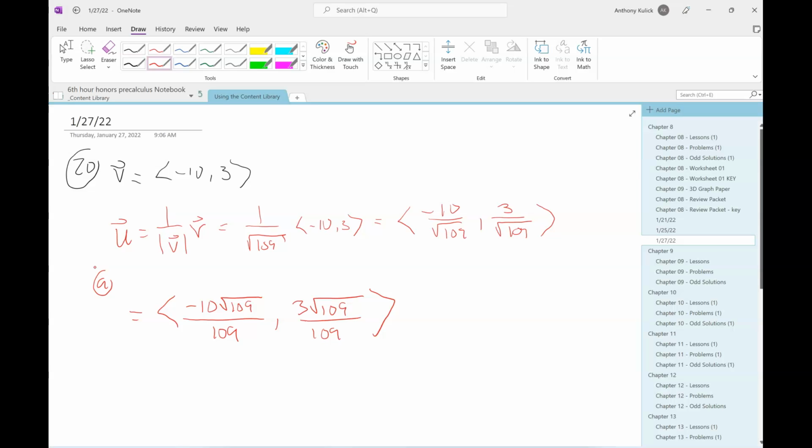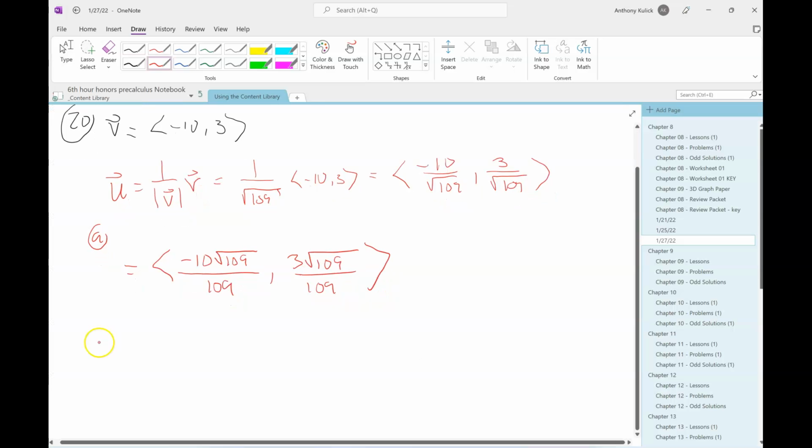Cool with that? And then for part B, if I want to put that in linear combination form, all I do is I take the x component and slap on that vector i, and I take my y component and slap on that vector j.